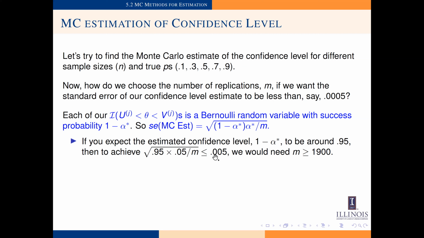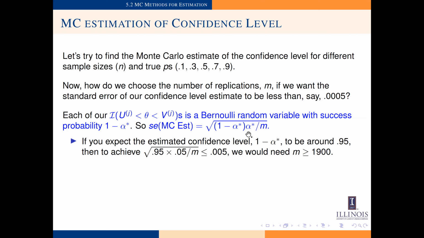I think I'm either having too many zeros here or one less zero here. I think this should be 0.005. Sorry. So you can try to solve the square root of 0.95 times 1 minus that, so 0.05, divided by M, being less than or equal to 0.005. And you'll find that M, the number of replications you want, will need to be greater than or equal to 1900.